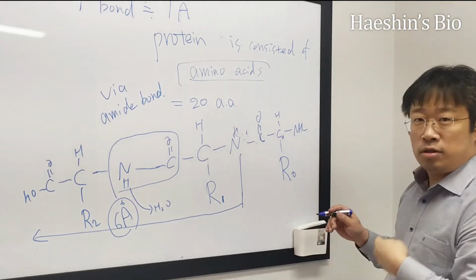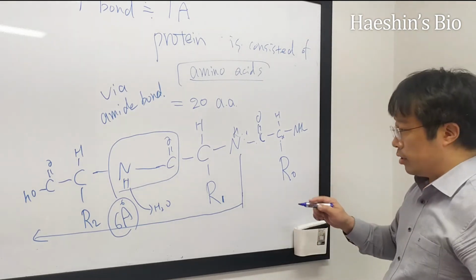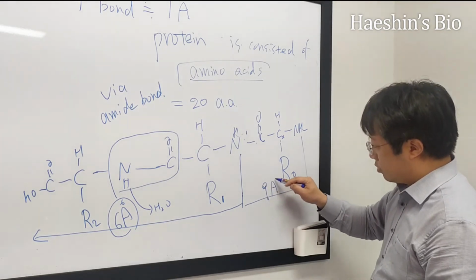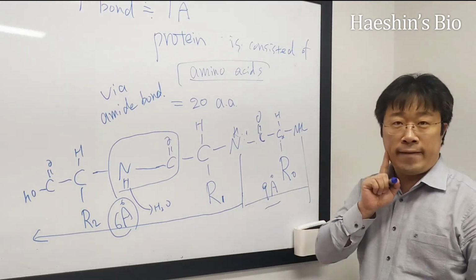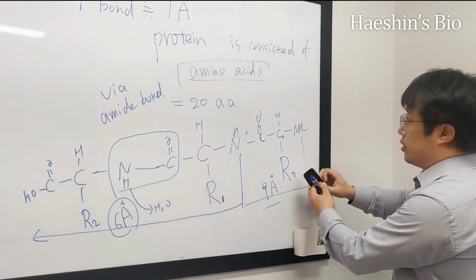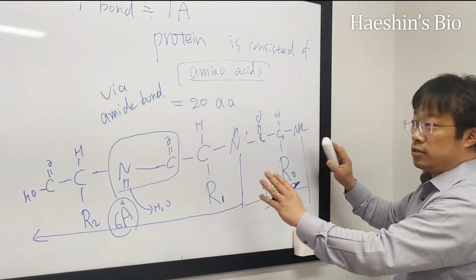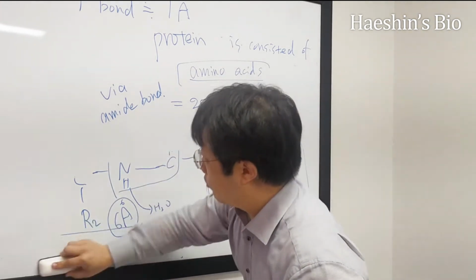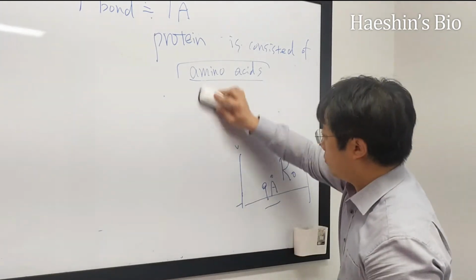So you have 3 bonds added to it. So you have 9 bonds, means that you have 9 angstrom here. Okay, so this is how we calculate the amino acid lengths, peptide lengths I should say. Then we think about the protein scale.